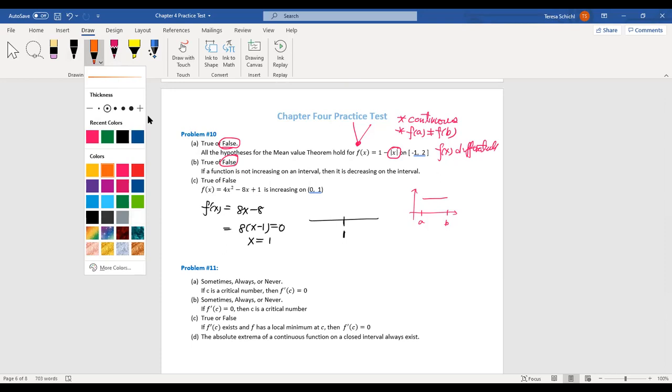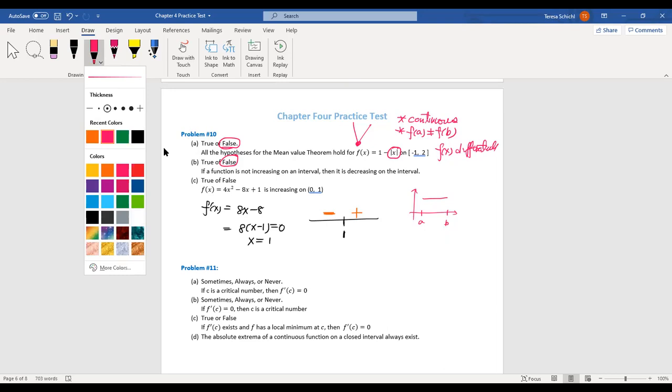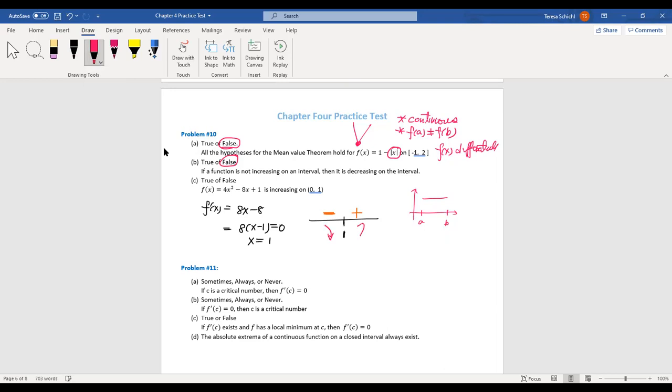Smaller than 1, I'm going to have a negative value, correct? If greater than 1, I'm going to have positive numbers here. So I know that smaller than 1, this is decreasing, and greater than 1 this is increasing. So the interval (0, 1) is supposed to be what? Decreasing. So this is false here. Okay.